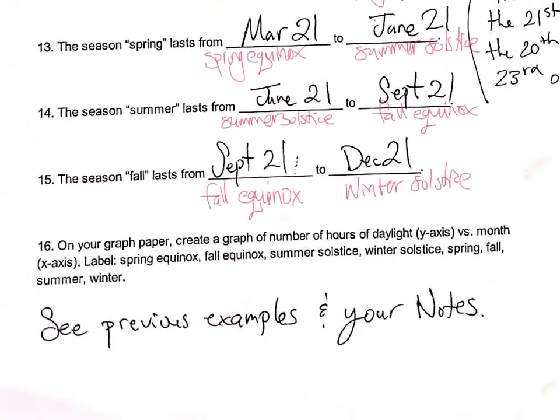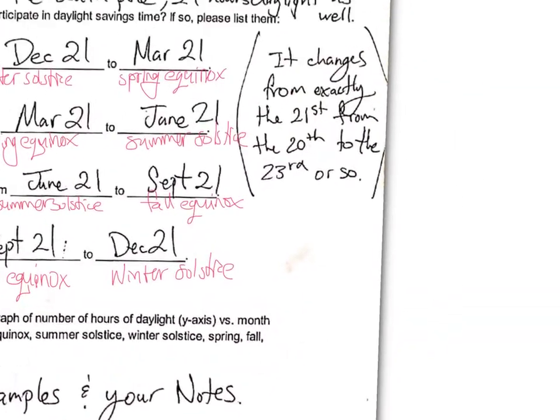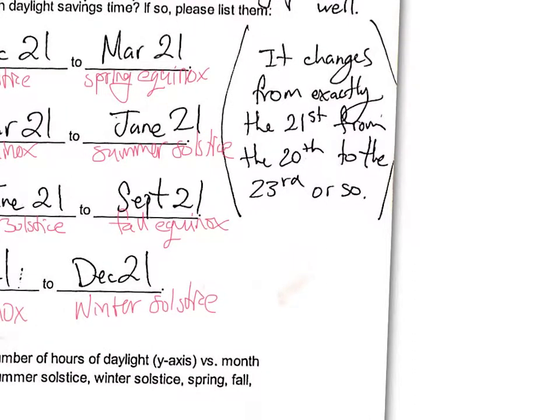So, what do I say over here? It changes from exactly the 21st, from the 20th to the 23rd or so. Right, so I'm using the 21st there because that's a common date on which these days fall, but it's sometime around then, and it'll vary by a couple days year to year and whatnot.